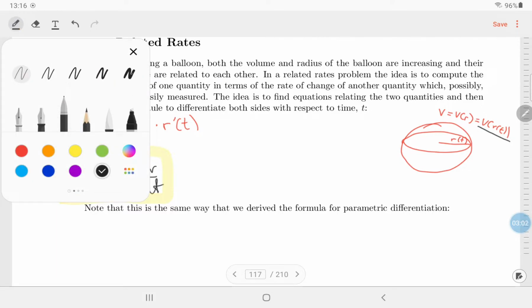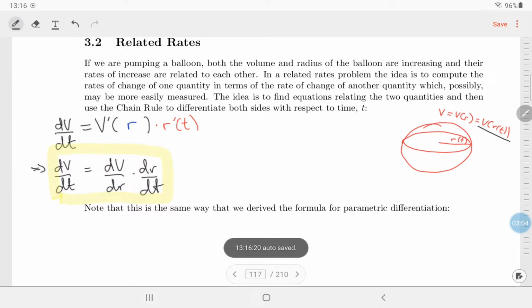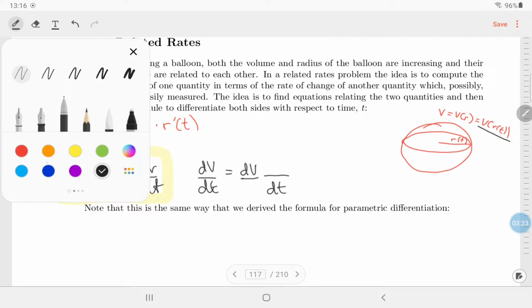Now what I'm going to do works. It doesn't really make sense, but it gives you the right formula. So you work like this. You say dV/dt equals. So what you do is you spread out the dV and the dt, and then you can put in any other variable that you want.